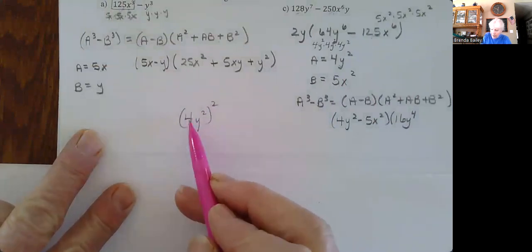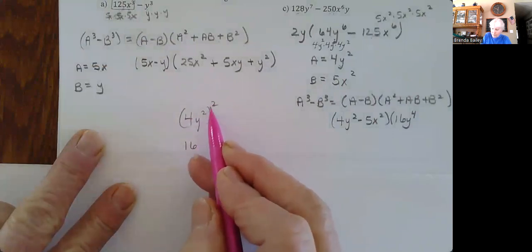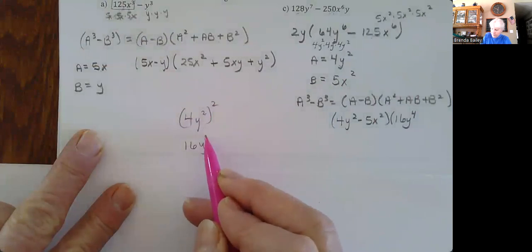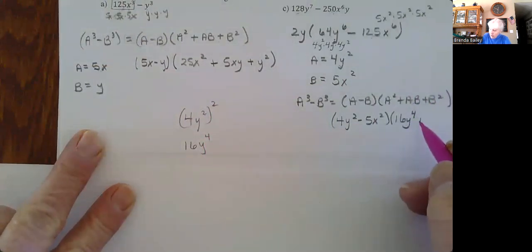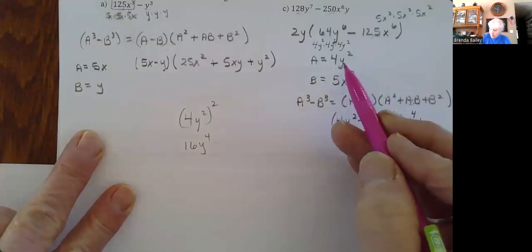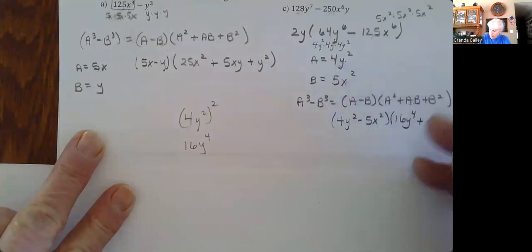So then you square that and get 16. A power to a power, you multiply. So we get this. Plus AB, multiply them together. You'll get 20 x squared, y squared, just putting them in alphabetical order.